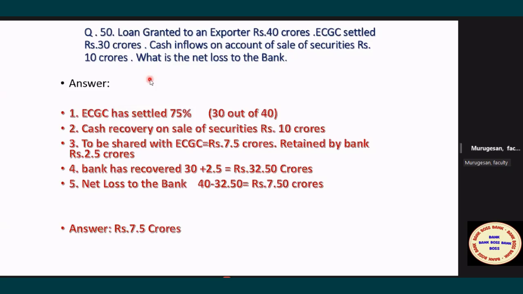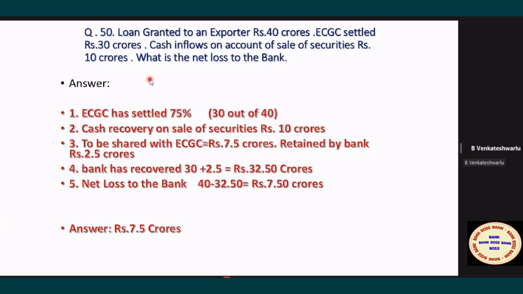The bank cannot keep it for adjusting the loan. They have to share that recovery in the same ratio. This is the general agreement between the bank and ECGC. How many of you understood the rule? Understood.